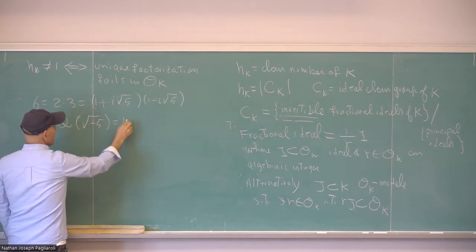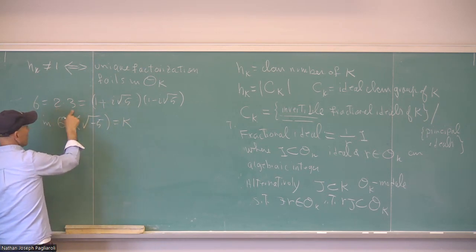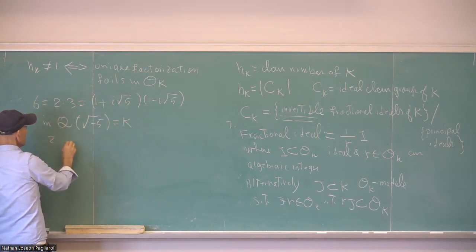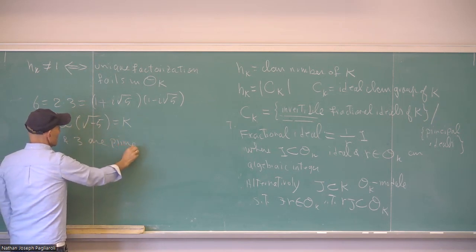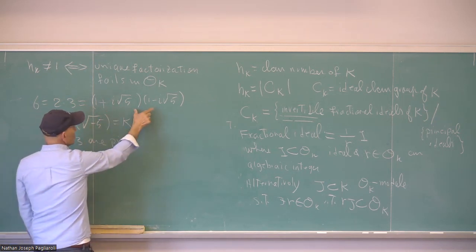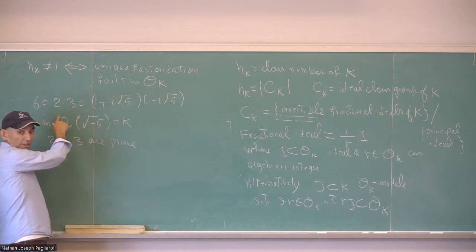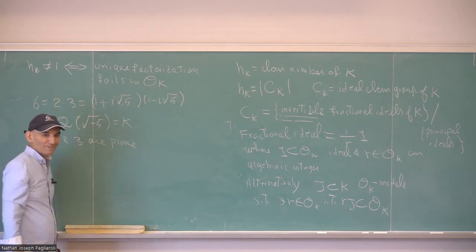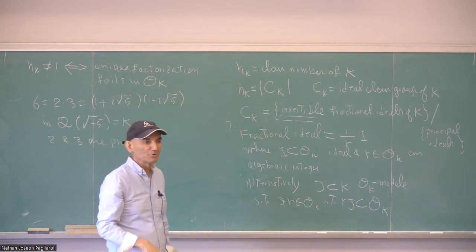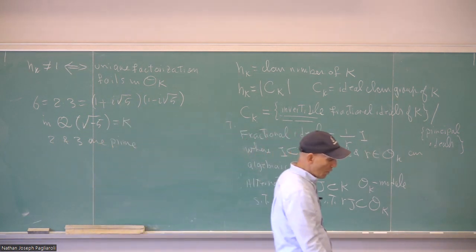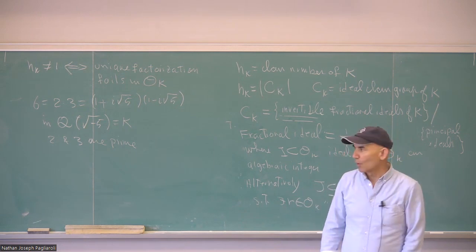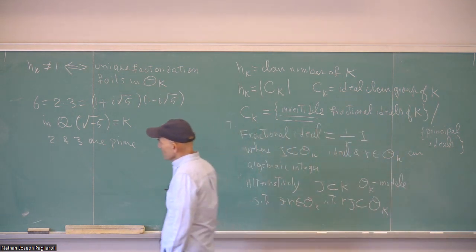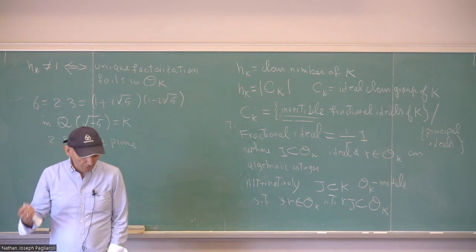So this is K. But 2 and 3 are prime. The same with these two. And they are not associate primes. They are not multiples of each other by units, because the units in this case are very easy to classify. So this fails.